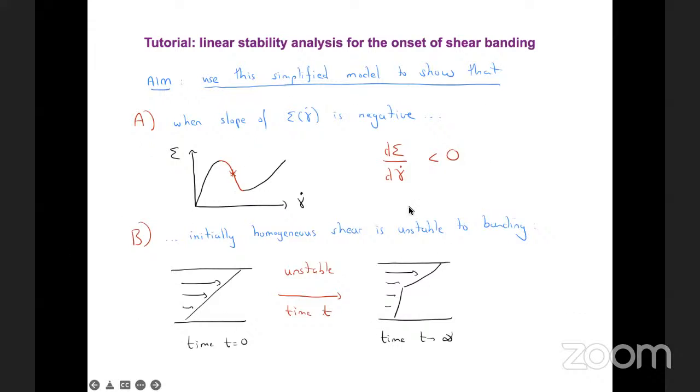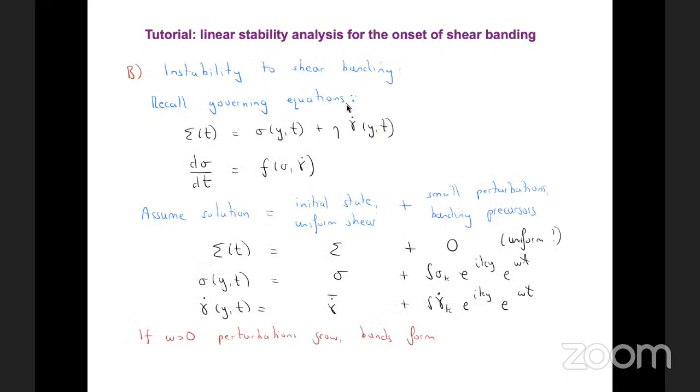Now let's look at when an initially homogeneous shear state is unstable to banding. To do that, recall the governing equations, and we do now need to worry about time because we're looking at the dynamics of whether you get an instability taking you away from the initially stationary solution of uniform shear. So we're going to do what's called a linear stability analysis, and I'm sure you'll have met this in other contexts before in this school.